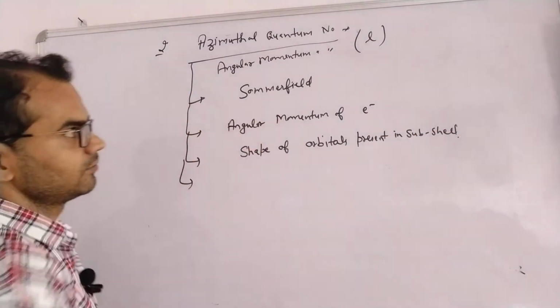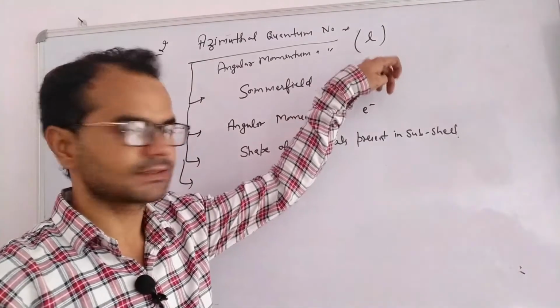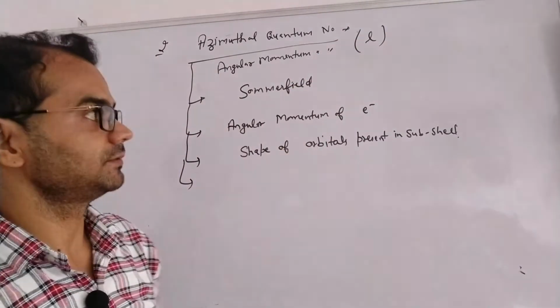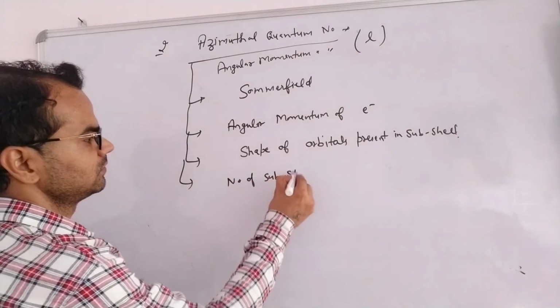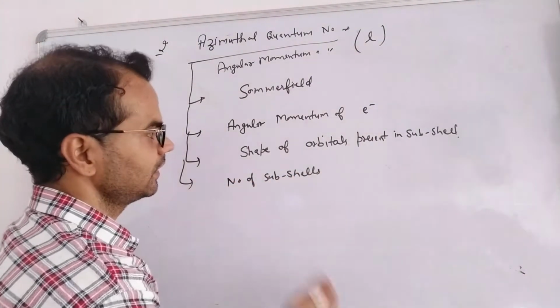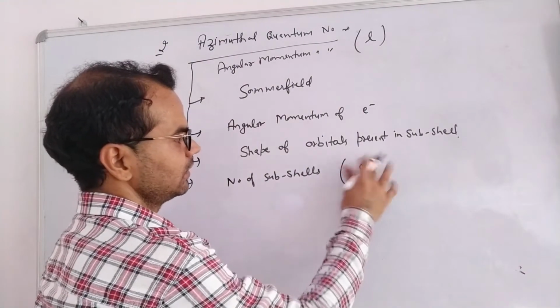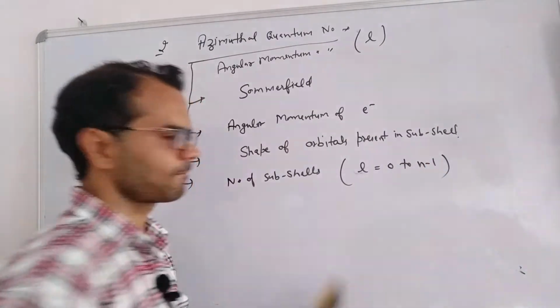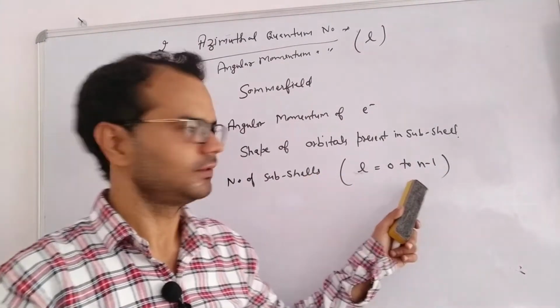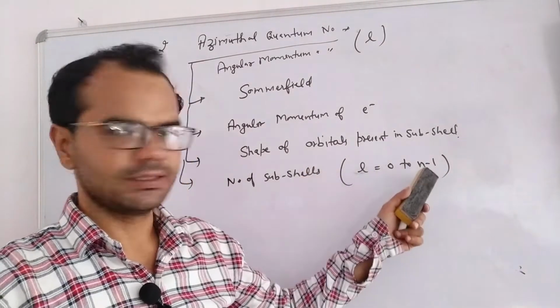Third, this l describes the number of subshells, and mathematically l equals 0 to n minus 1.